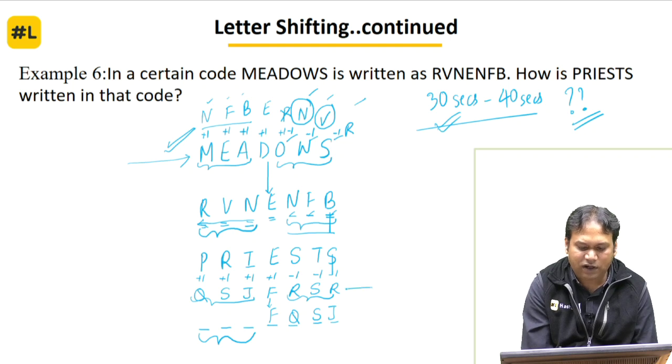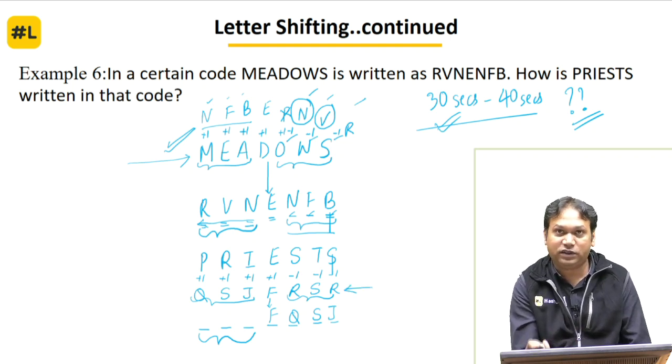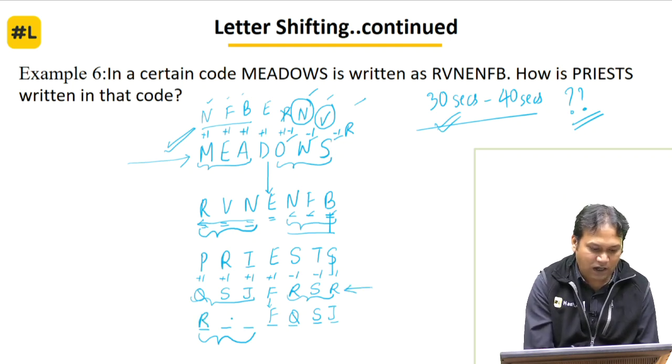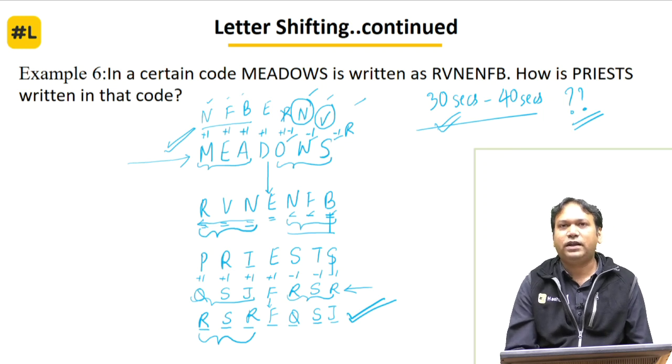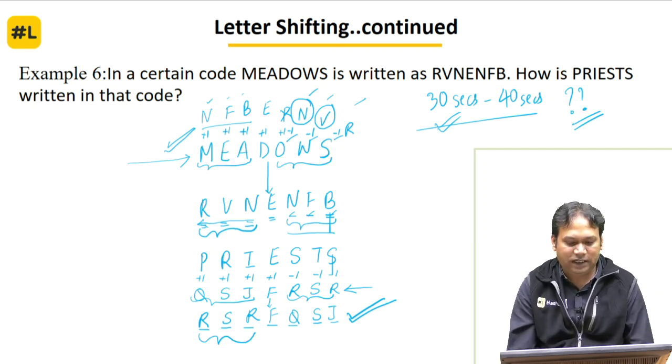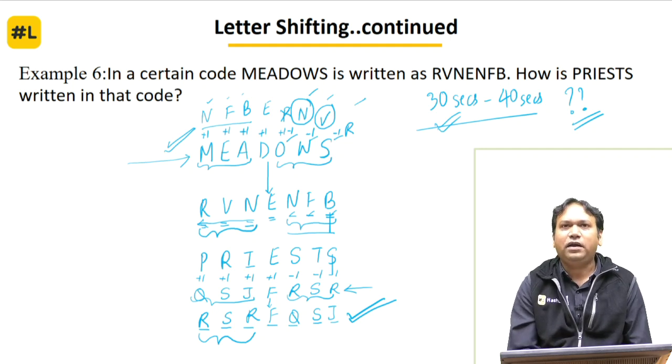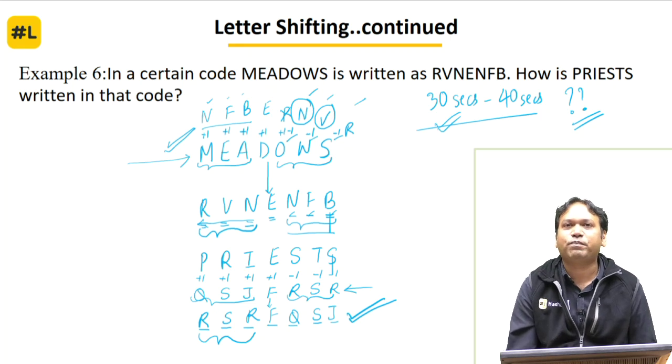Here reverse order does not matter because the reverse of R, S, R is also R, S, R. So R, S, R, F, Q, S, J. That is how you get the answer, right. So we have to develop the technique in such a way that you should know exactly how to apply the concepts, and how to make sure that you do not miss out on a question, right.